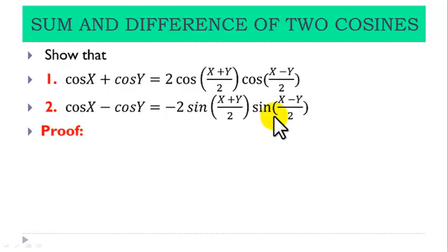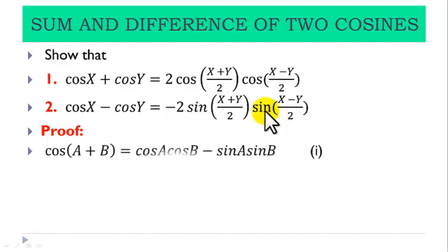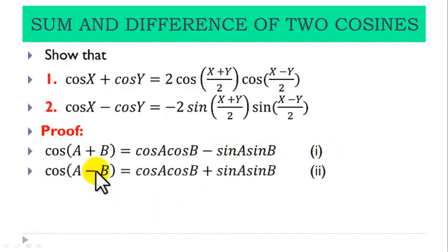Proof. Let us recall that cos(A plus B) is equal to cos A cos B minus sin A sin B. Number this equation 1. Also recall that cos(A minus B) is equal to cos A cos B plus sin A sin B. We number this equation 2.